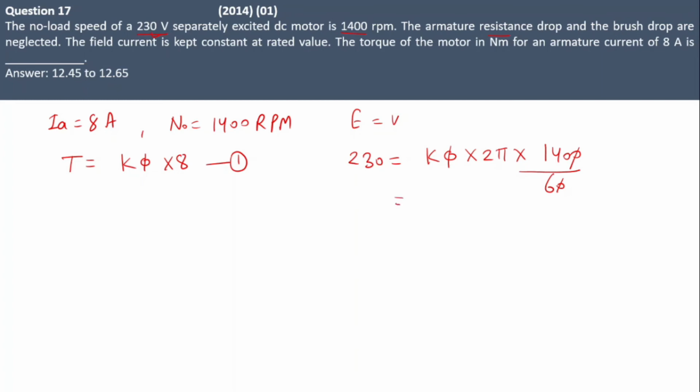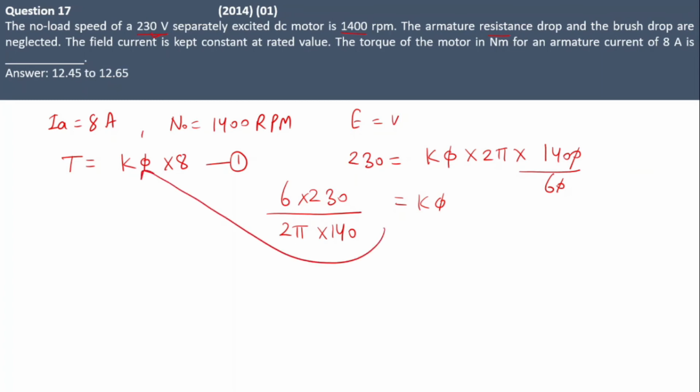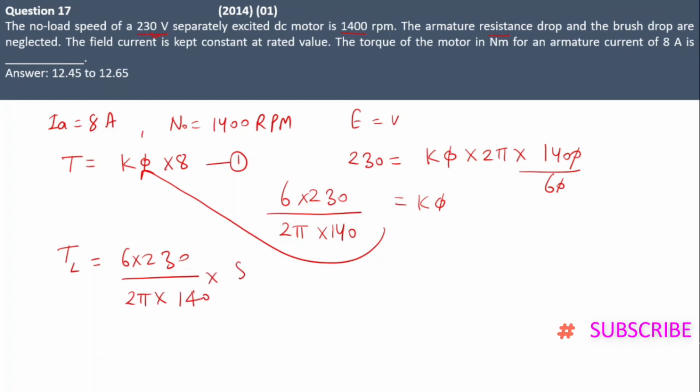So simply you can find out K phi, it is 230 into 6 divided by 2 pi into 140. Put this K phi value here, so directly you can find out the load torque. It will be 6 into 230 divided by 2 pi into 140 into 8.